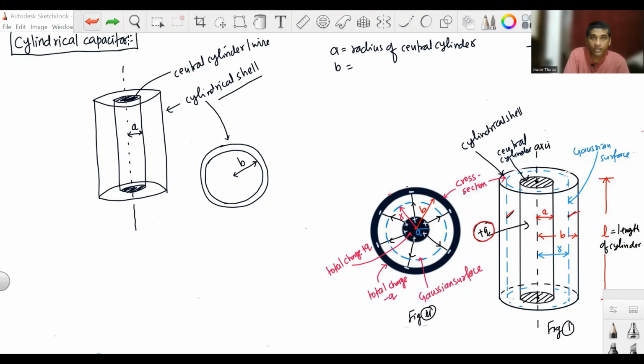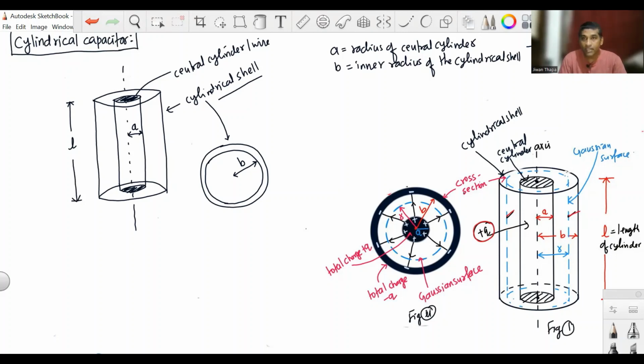So I'm writing over here, inner radius of the cylindrical cell. So we have this, and let L be the length of the cylindrical capacitor.